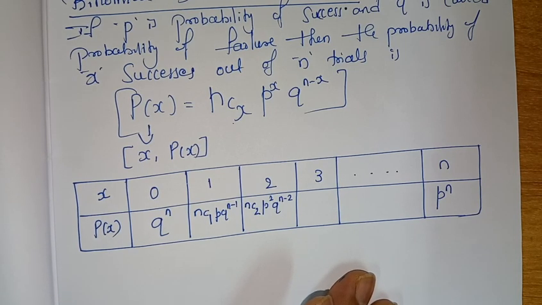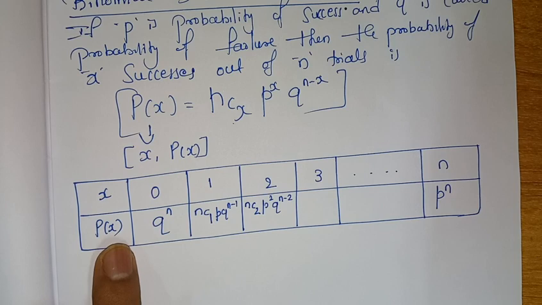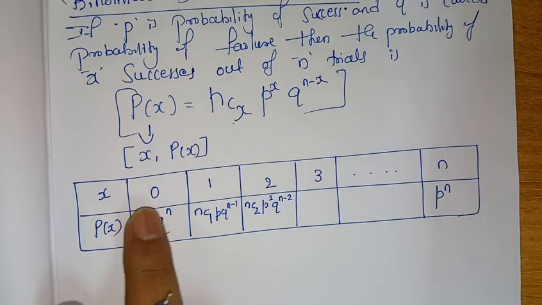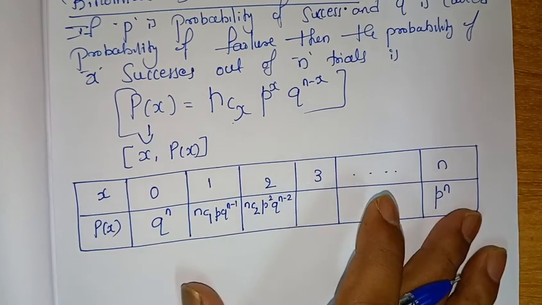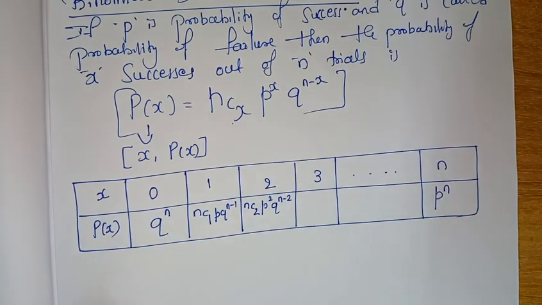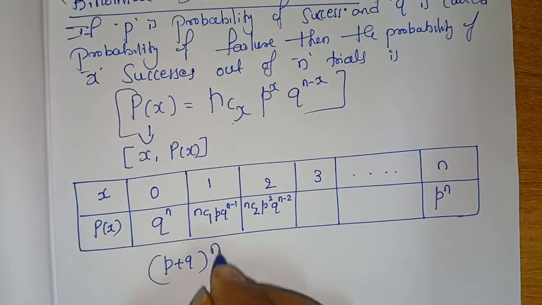Now here we will see the value of P. For different values of X we have 0, 1, 2, 3, ..., n. And these are the successive terms in the binomial expansion of (P plus Q) whole power n.